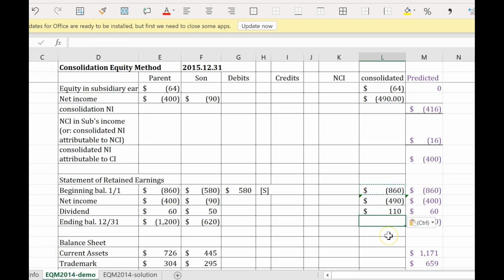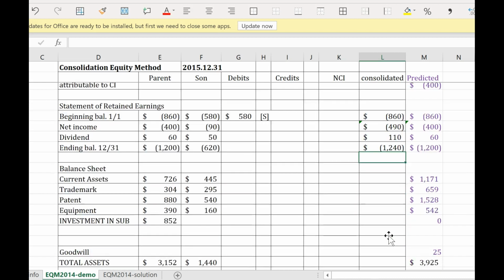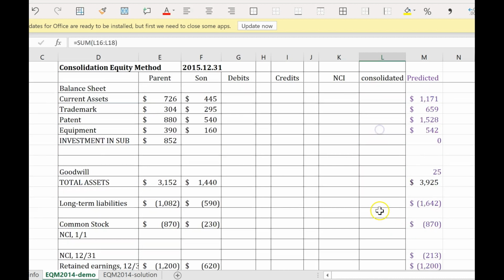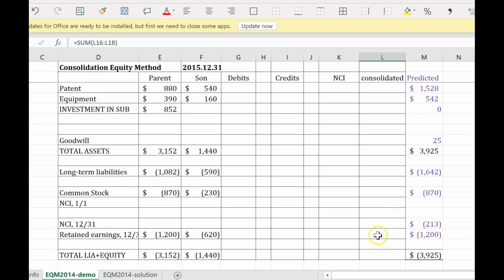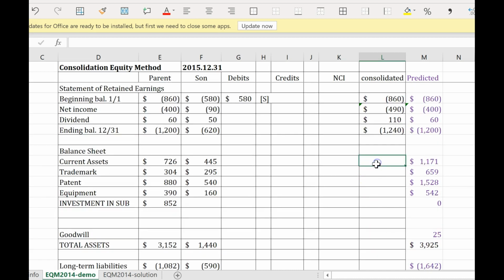Ending balance is calculated from above. This number also goes to, I'm going to go one by one, the same here, here, here, here.